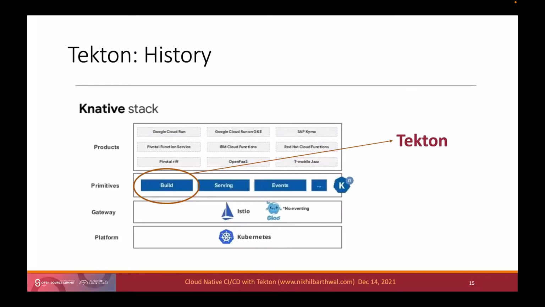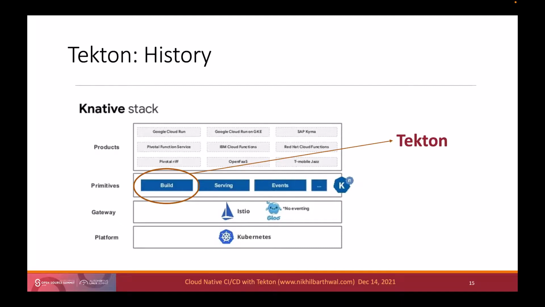And let's talk about the history. I know I briefly mentioned what Knative is. At this point, I could go a little bit into the details of what Knative is, because Tekton started its life as a Knative component. What happened was you had Kubernetes, and then people wanted to run serverless workloads on top of Kubernetes. Fantastic idea, and Knative was born.